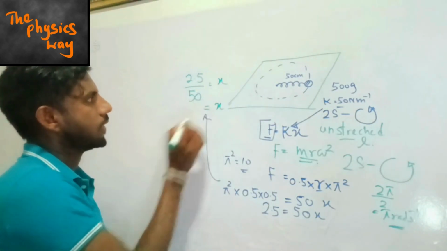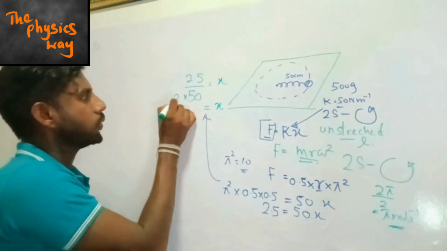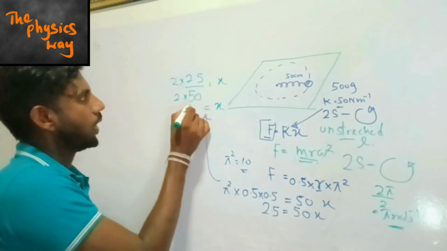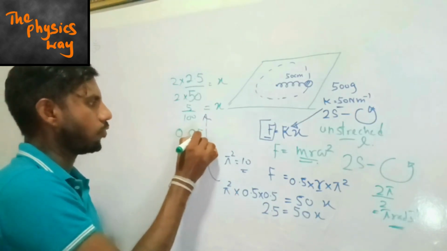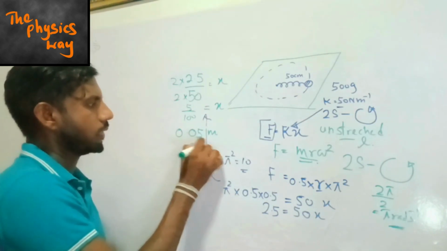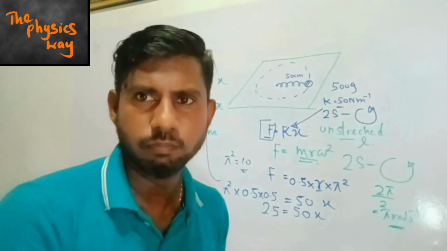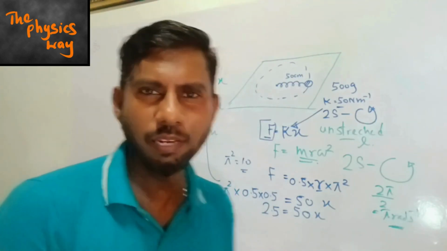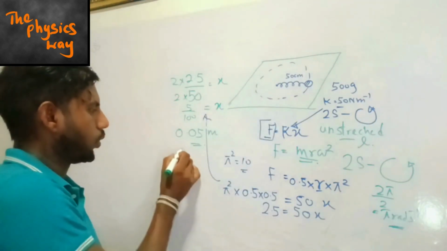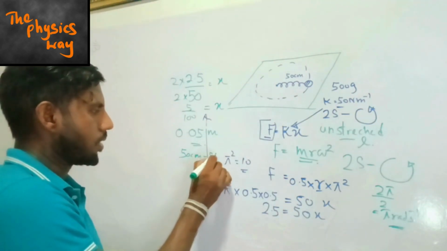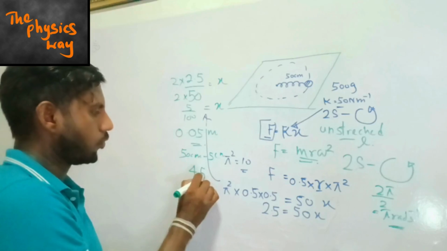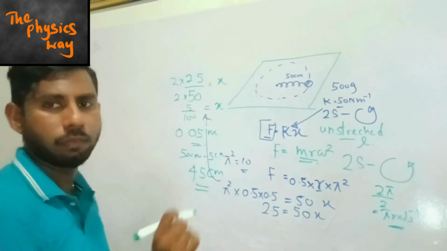I multiply this by 2, I multiply this by 2, I get 5 divided by 100, so it's 0.05 meters. This is the extension value, right? We have the x value now. So 50 centimeters minus 5 centimeters, we get the answer, 45 centimeters.